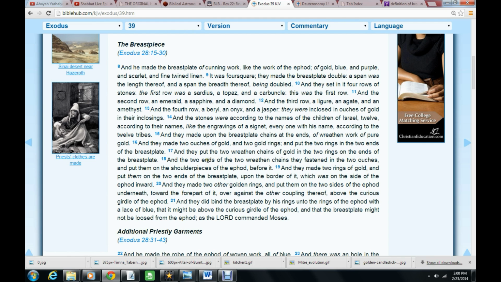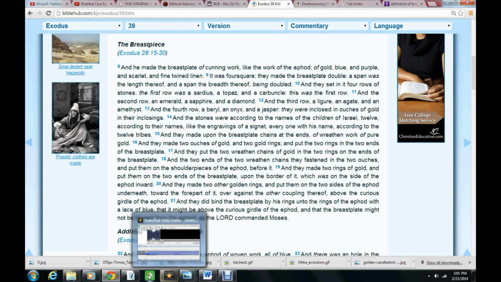And they put the 2 wreathen chains of gold into the 2 rings on the ends of the breastplate, so they can tie it around the body and keep it up. And the 2 ends of the 2 wreathen chains they fastened in the 2 ouches, and put them on the shoulder pieces of the ephod before it.